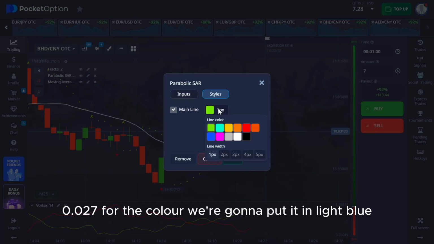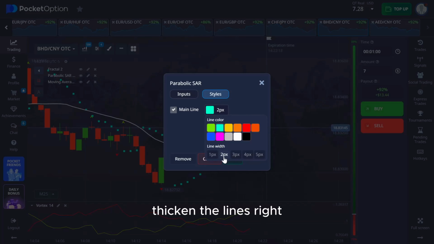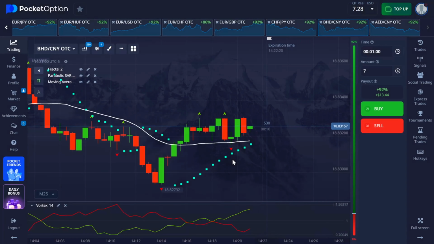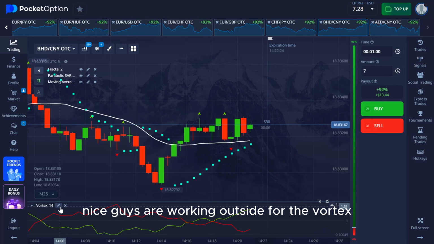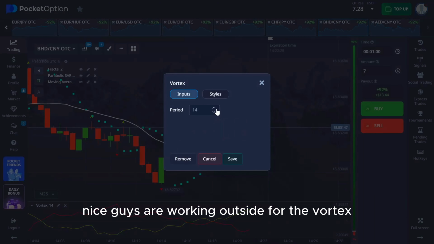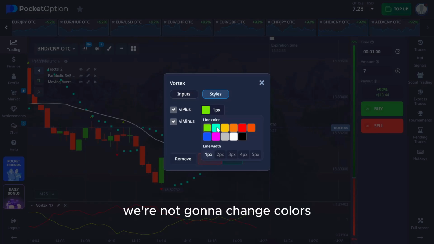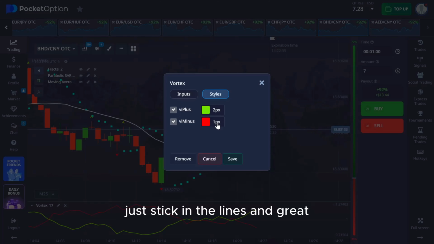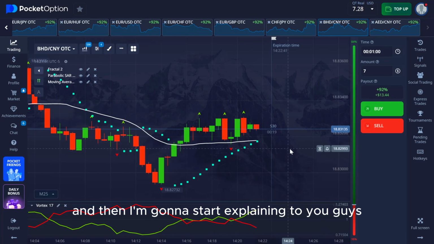For the color we're gonna put it in light blue, thicken the lines, right. For the vortex, sorry guys for that noise, guys are working outside. For the vortex we're gonna use 17. We're not gonna change colors, just thicken the lines, and great, we're gonna find our first trade and then I'm gonna start explaining to you guys.